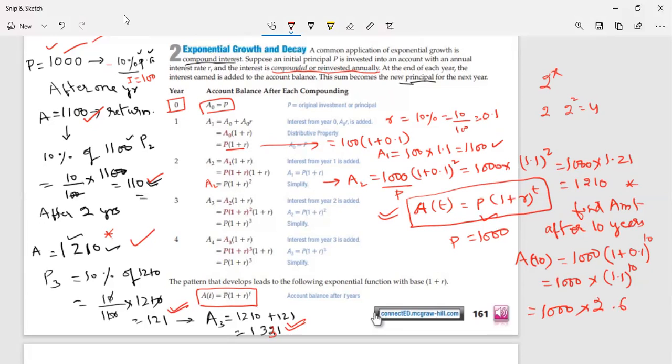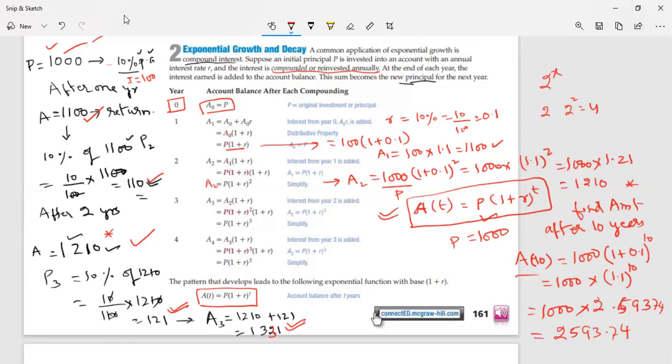If we take the exact value, 2.593 into 1000, you are getting 2593.74. 0.74 is there if you want the exact amount.